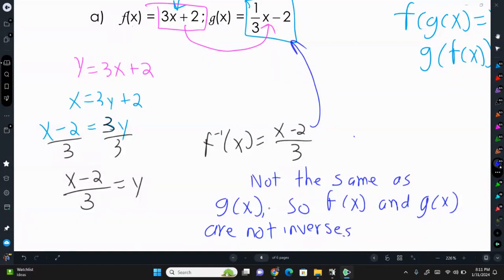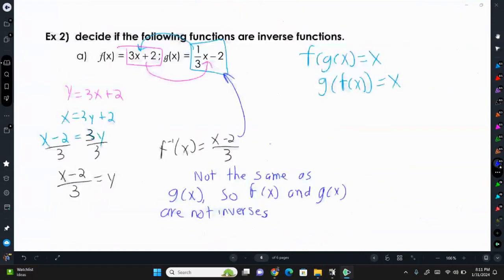That was a lot faster than trying to calculate both compositions. So I would think it's easier to do it that way, but if you want to do both compositions, I'm not going to tell you no.